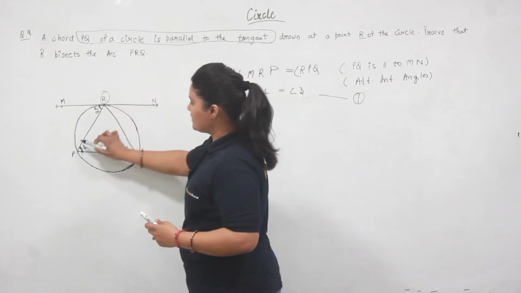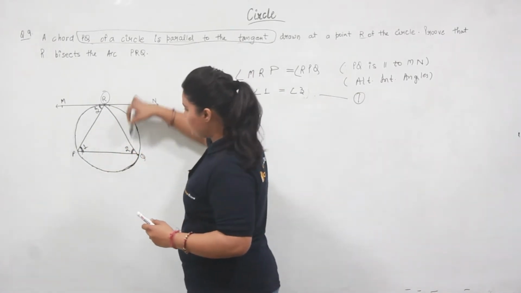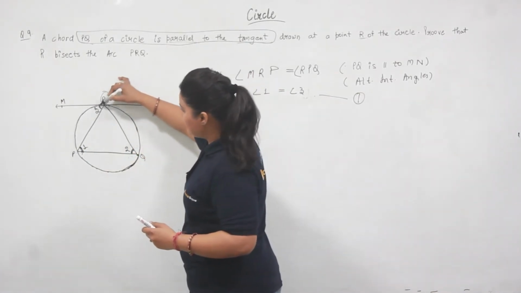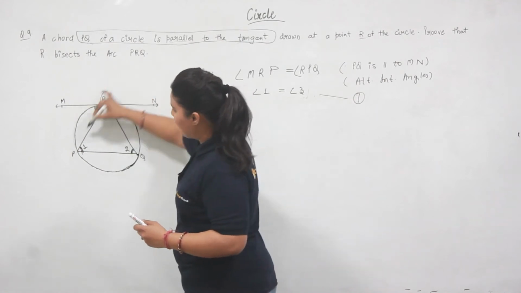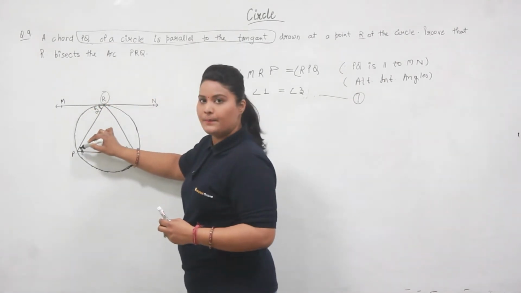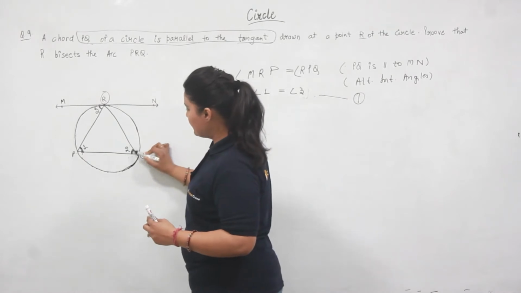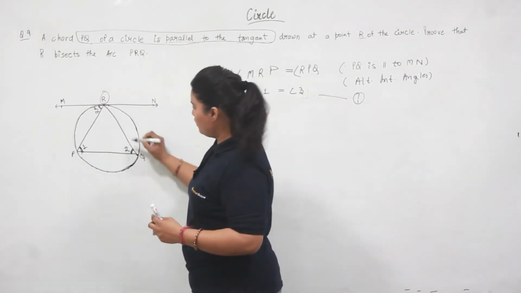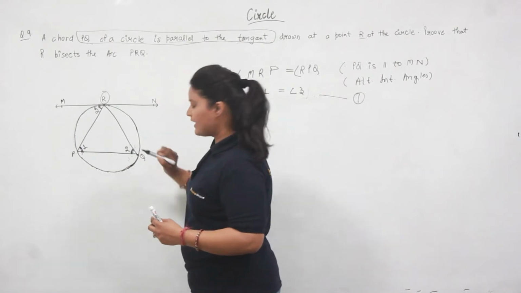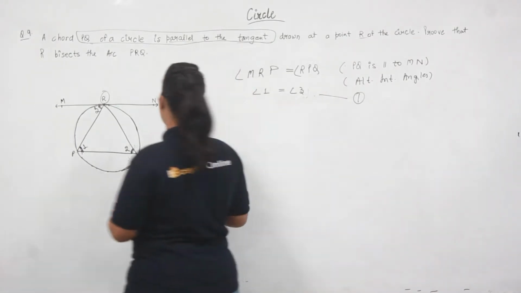Clear? So this was one segment and this was another segment, right? And this is the angle made by the tangent and the chord, and this is the angle made by the chords. So this angle will be equal to this angle. Clear? I'll write down the statement.